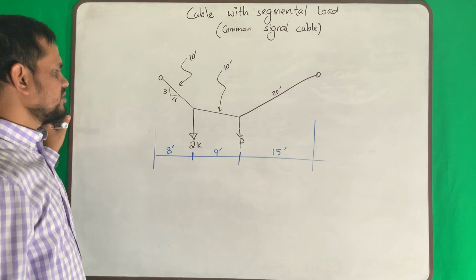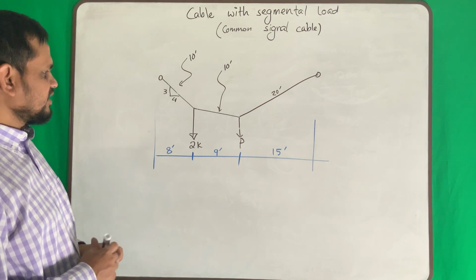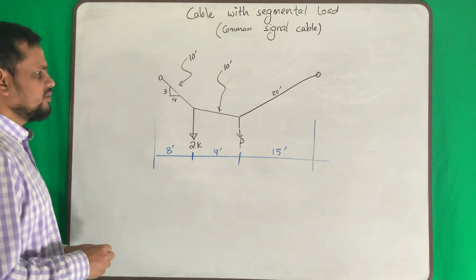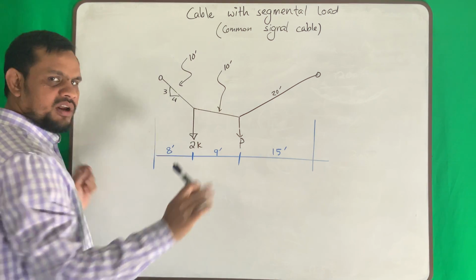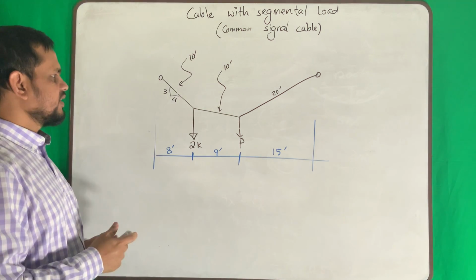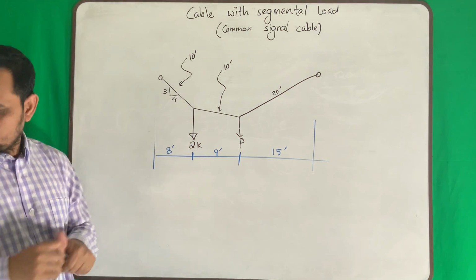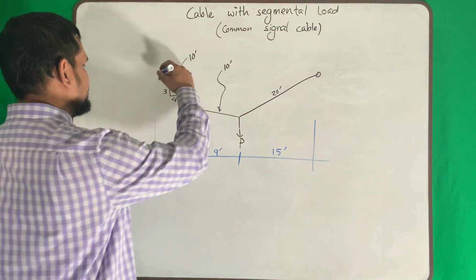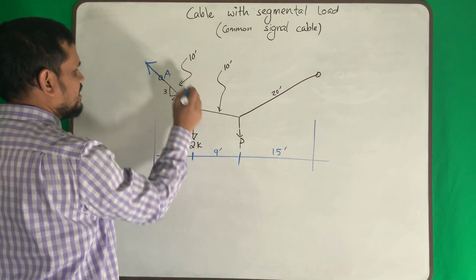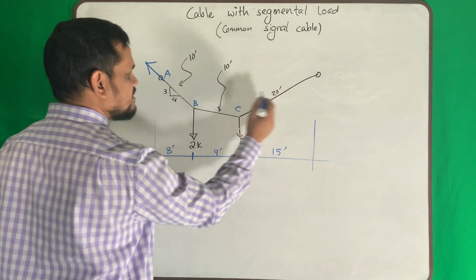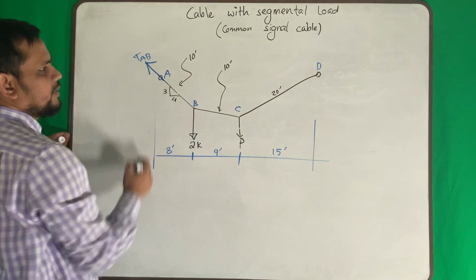Okay, so which one to apply first? We can apply anything. If I take this joint, there are two unknowns, so let us find one first. What about the force in this cable? If I draw the free body diagram, and name the points A, B, C, D, this force will be TAB.